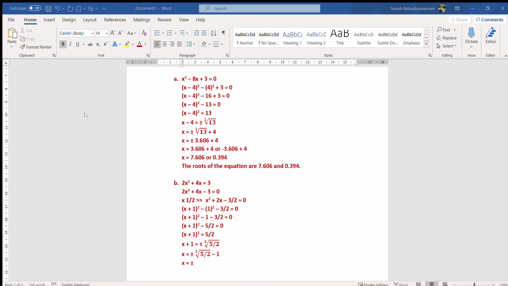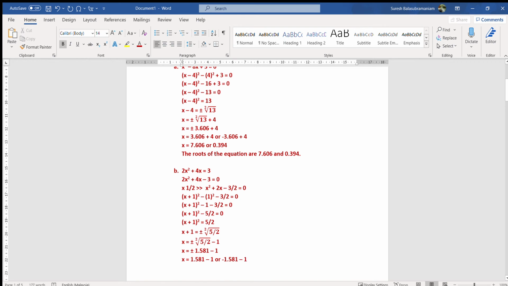I'll use the calculator. 5 divided by 2 is 2.5. So square root of 2.5, I get 1.581. Then 1.581 minus 1. Since we have two components, plus and minus, I'll take the plus first. 1.581 minus 1 is the plus component, and the minus component will be negative 1.581 minus 1.